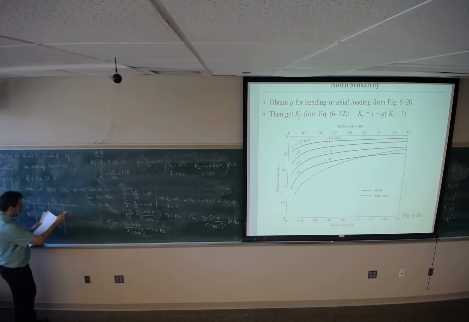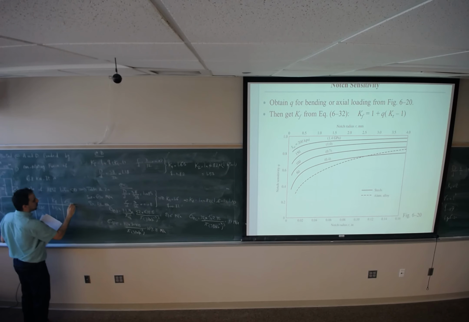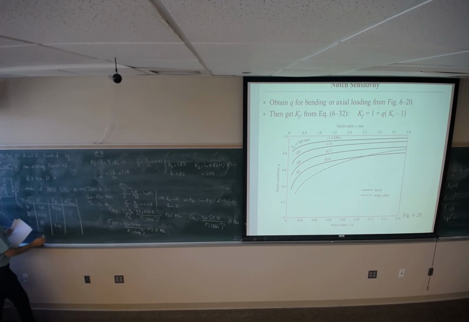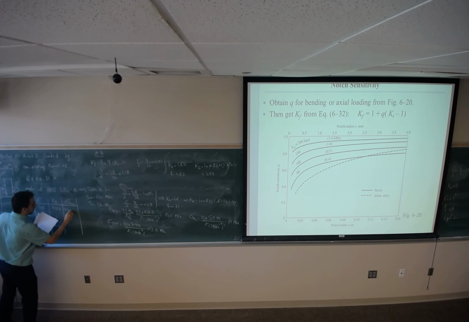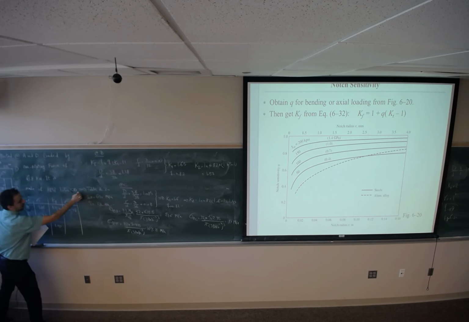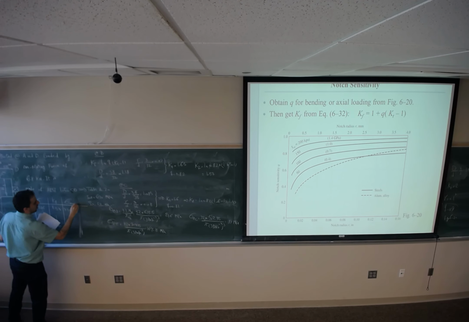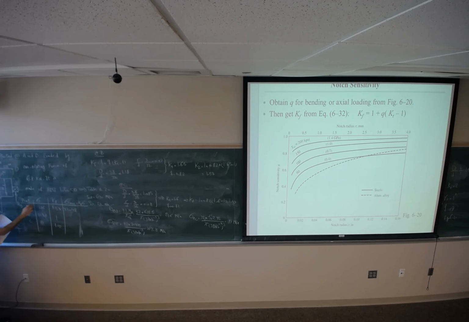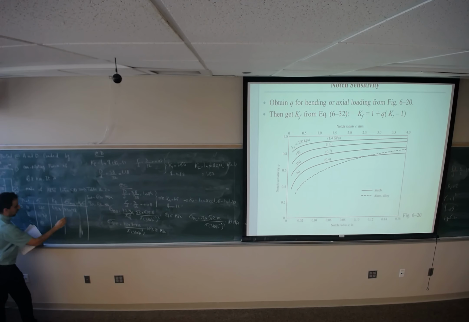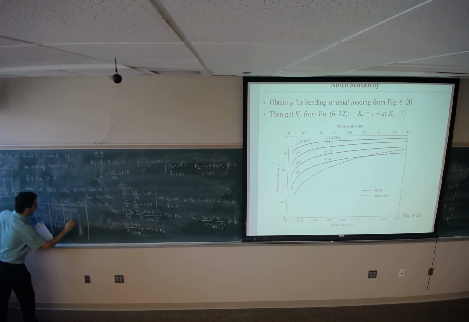So sigma max, this times this, 330.48. KF times 330.48, 167.8.